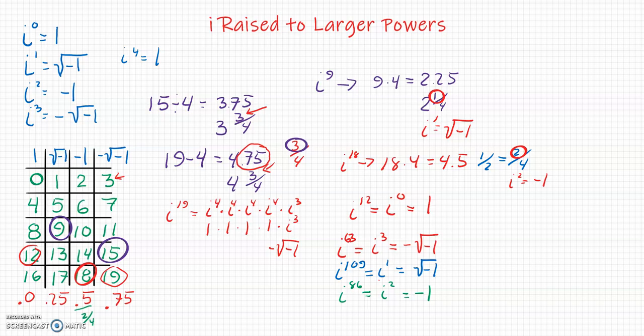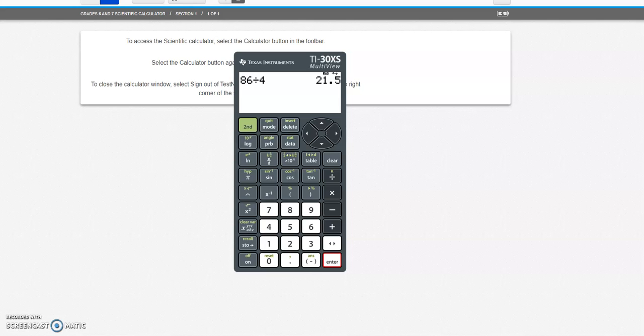We'll do one last one. Let's change it up, purple. i to the 304, a big number. What you don't want to be concerned about is how large this number is, because no matter what this number is, you're simply going to divide by 4. So, 304 divided by 4.